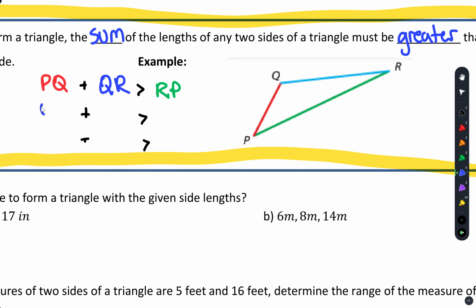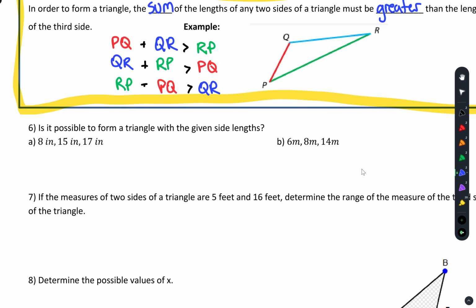If I add together QR and RP, those two sides together must be greater than that red side PQ. And again, let's pick a third combination. If I add together RP and PQ, they must be greater than that third side QR. So no matter what combination of sides I pick, the two of them have to be greater than the third one. Make sense?